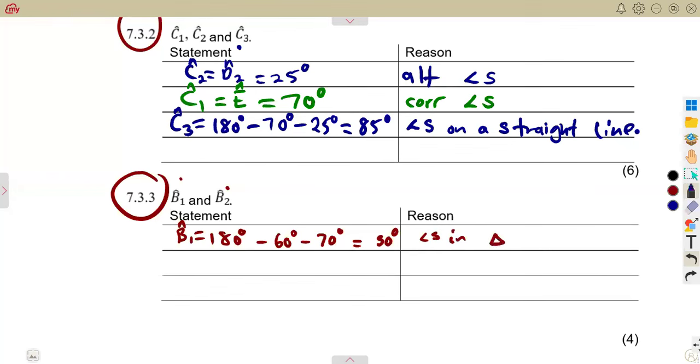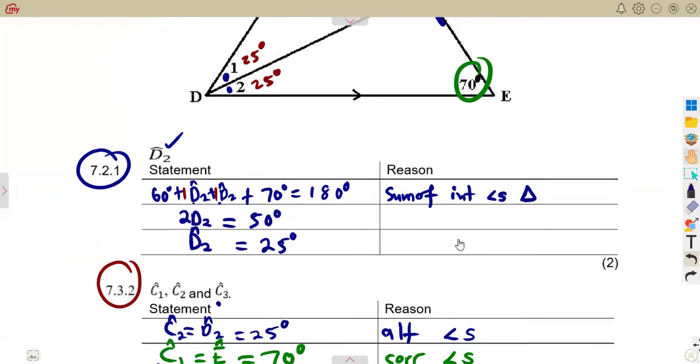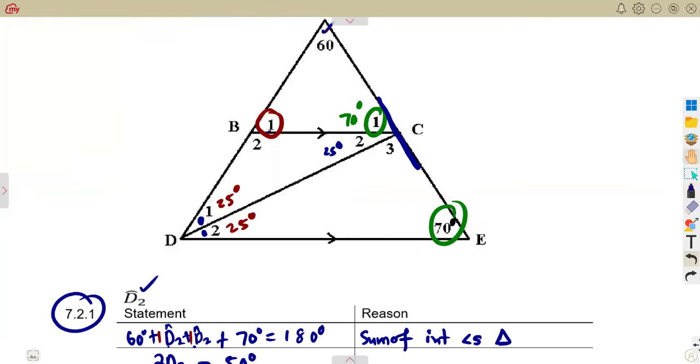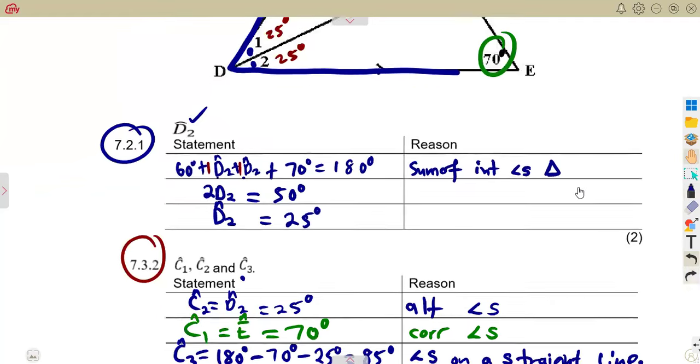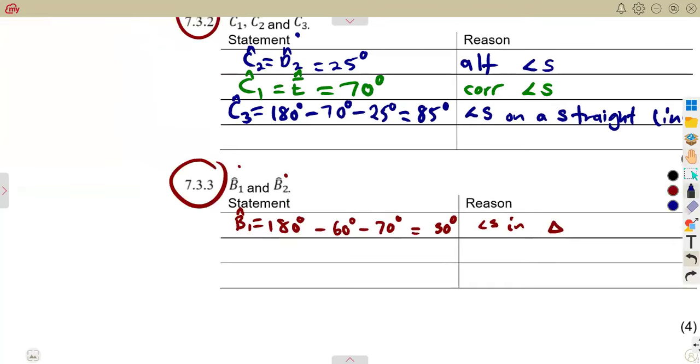What about this way? This B1 that we are seeing here, if you consider these two lines are parallel, we can consider corresponding angles. So B1 and the whole of angle D are corresponding angles. We are forming an F. So these are corresponding angles. So B1 can be referred to the whole of angle D. That's another way that you could have answered this one.